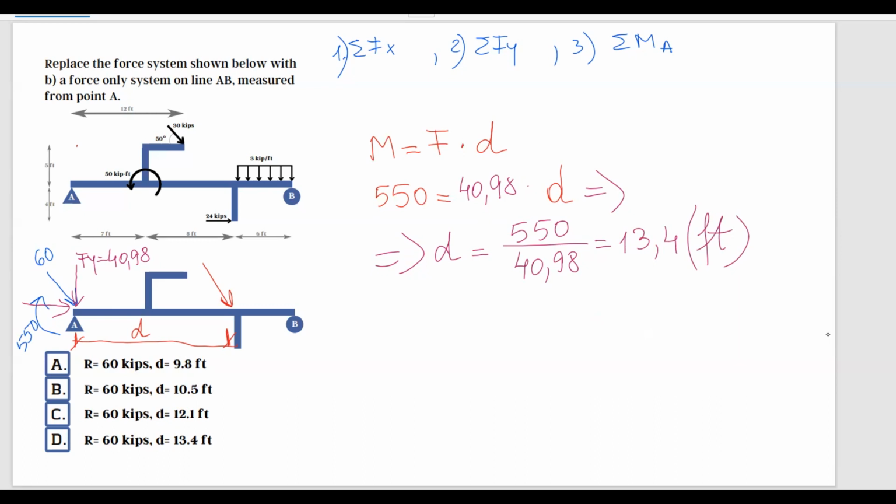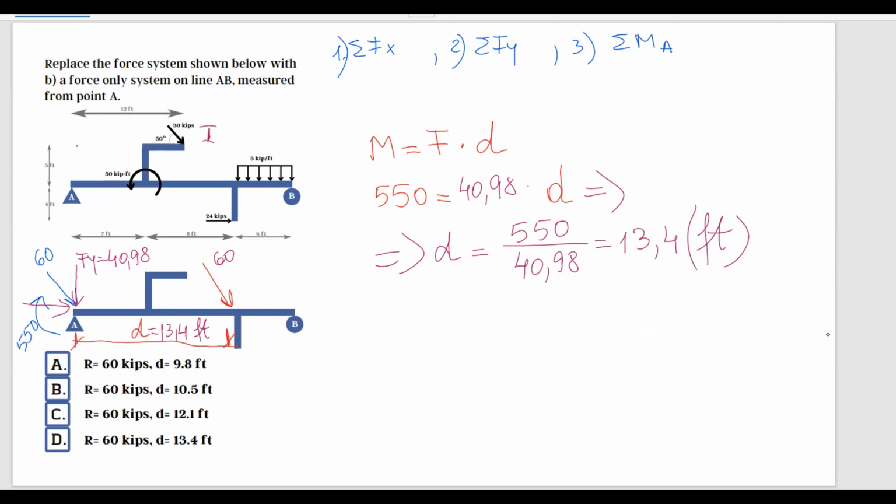What this means is that if I move this force of 60 to 13.4 feet away from point A on line AB and place this force here, I have just created an equivalent force system with system 1, and of course with system 2, because they're all equivalent.